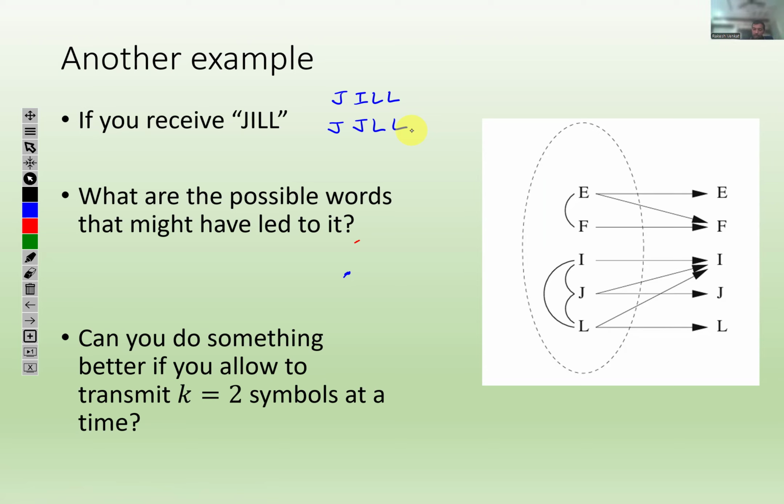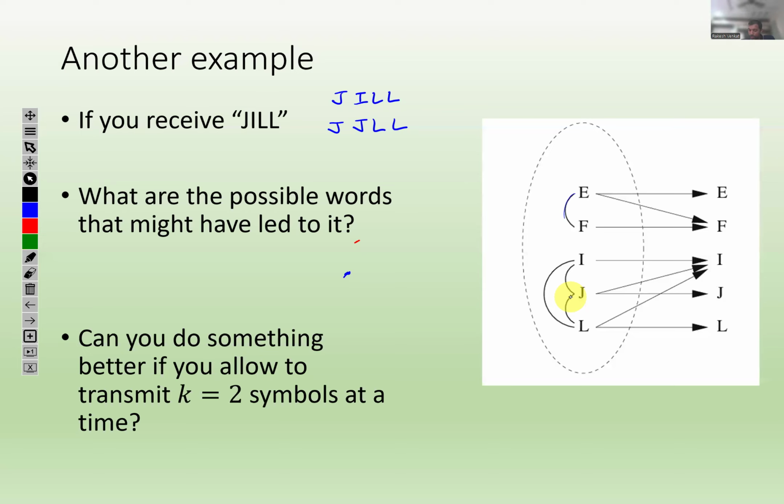And therefore, if you draw the conflict graph that is directed here, and take an independent set in this graph, it will not cause confusion. So that's the idea. What about JLLL?